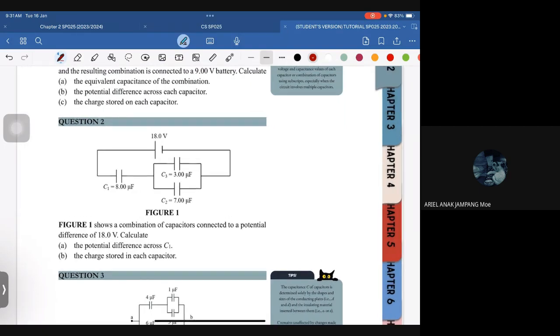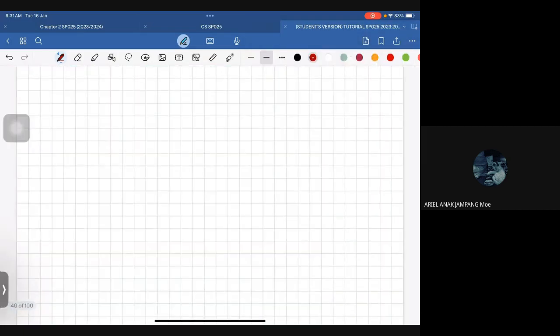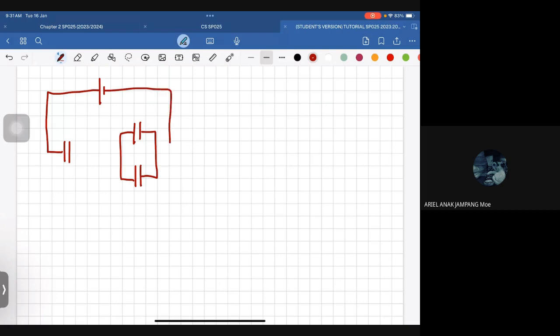Okay, so sekarang ni apa yang kita buat, saya akan lukis dulu lah. So this is our battery, this is capacitor 1, this is capacitor 3, capacitor 2. So macam ni lah. Okay, so kamu tidak semestinya mau lukis tau dalam PSPM nanti. Yang ni just untuk mudahkan kamu menjawab.